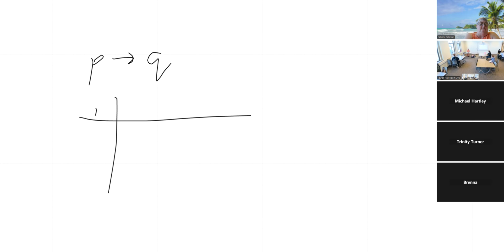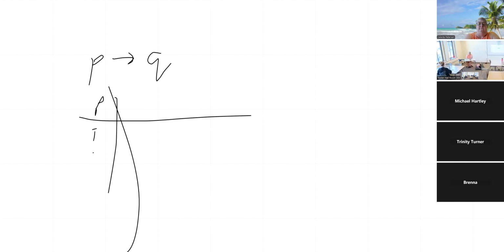Conditionals are like if P, then Q. You make a truth table for that. P would be true, then Q is true, true.